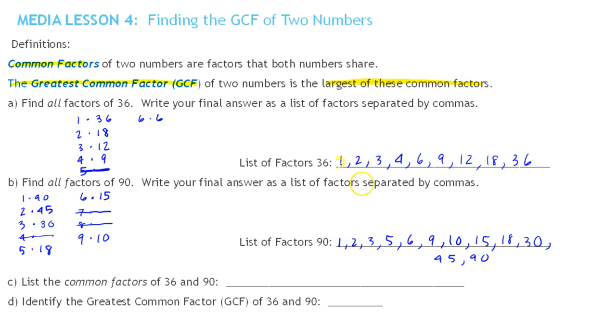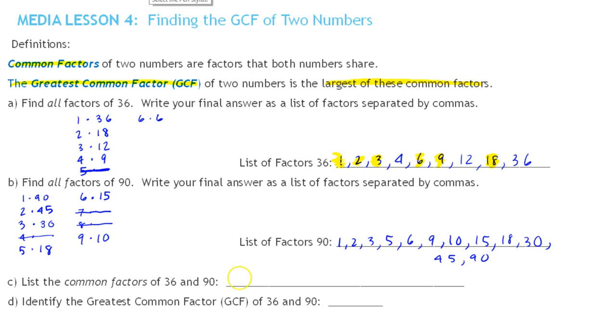They both have 1, they both have 2, they both have 3. They don't both have 4. 90 has 6. 90 has 9 as a factor. 90 does not have 12. 90 has 18. 90 does not have 36. So these are all the common factors of 36 and 90.